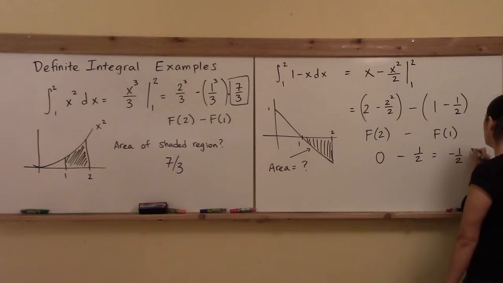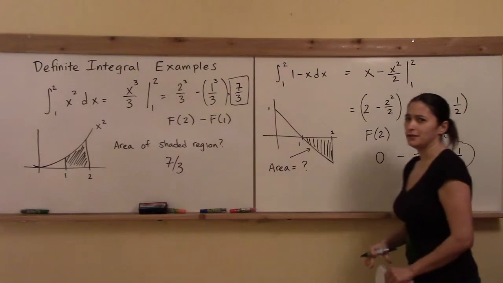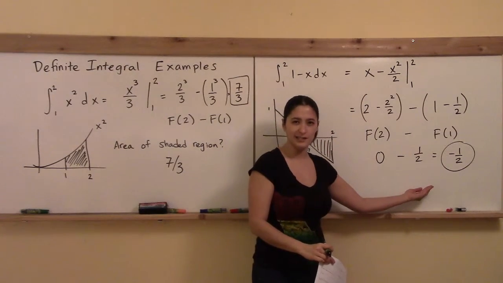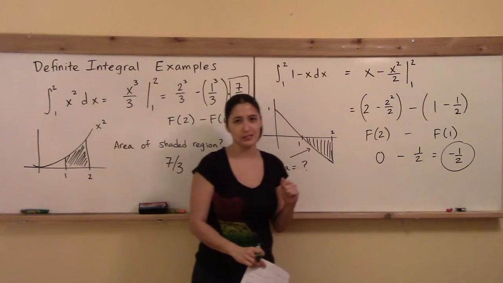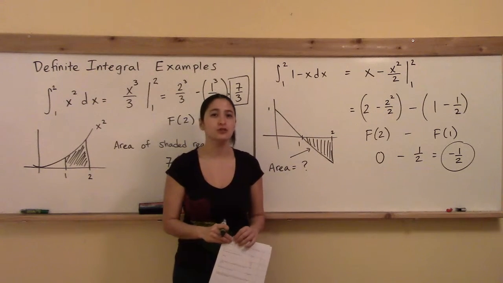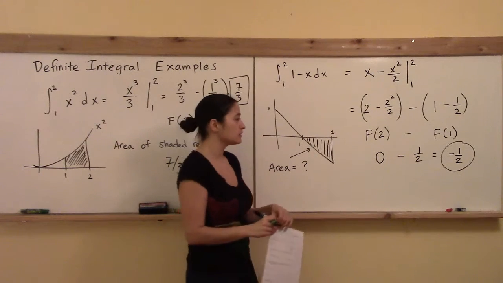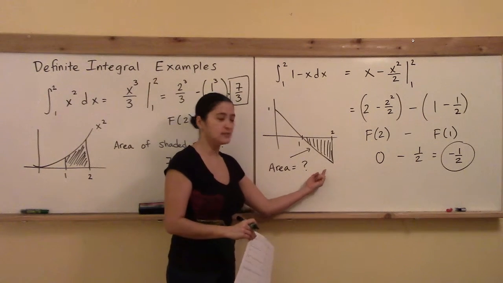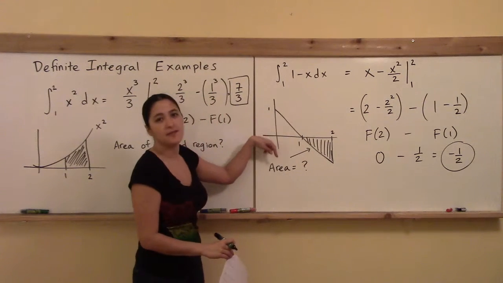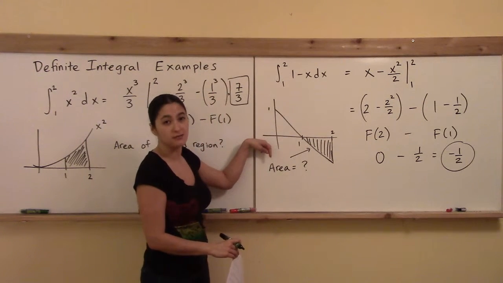That's kind of weird. For this answer, to represent the area under a curve, I actually got the value minus a half. Now you might think that's a little weird to get a negative value for an area, but it actually is true, because inside calculus, when the area is below the x-axis, then that signed area has a negative sign.